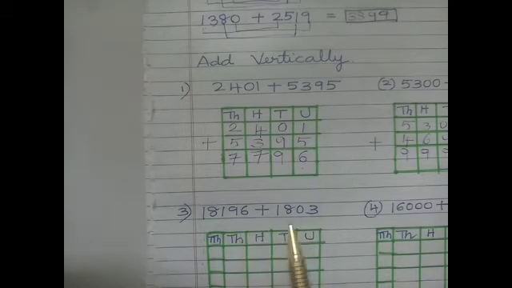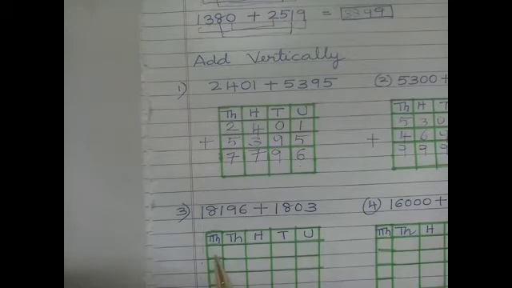If this type of sum is given, you have to be very careful while writing the sum. 18,196 is a 5-digit number, so it will start from the 10,000s place. 18,196 plus 1,803.